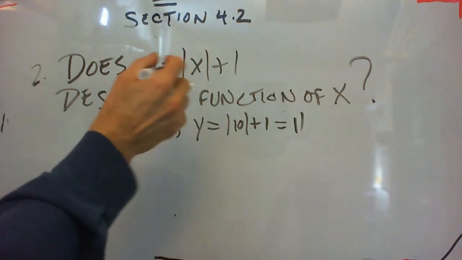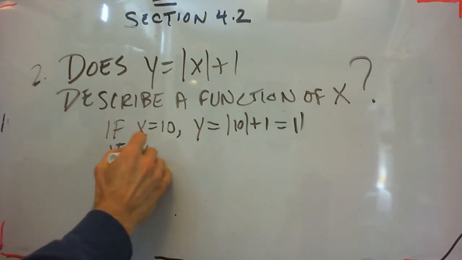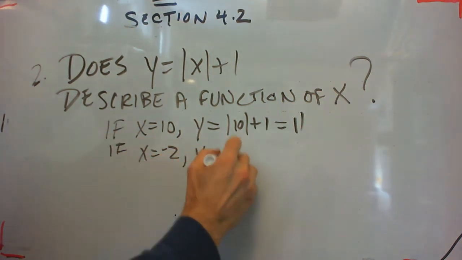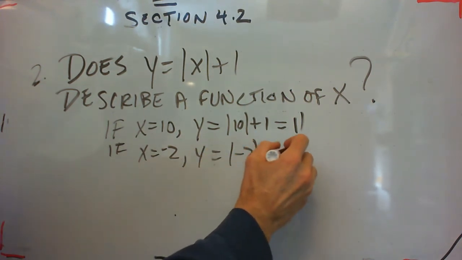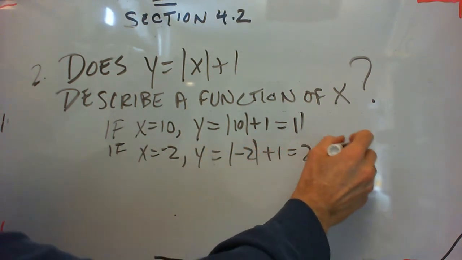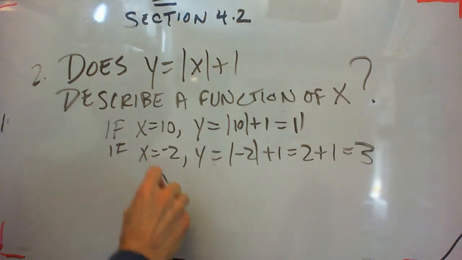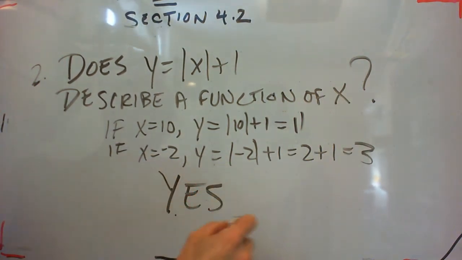If x is negative 2, y is absolute value of negative 2 plus 1, which is 2 plus 1, which is 3. One answer. So the answer here is yes, every x we put in gives us just one y value. So it is a function of x.